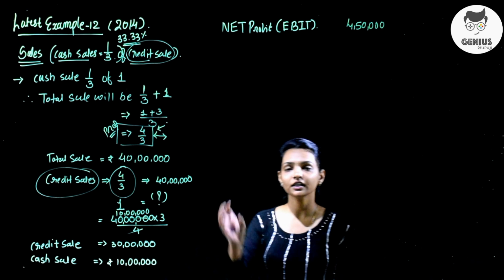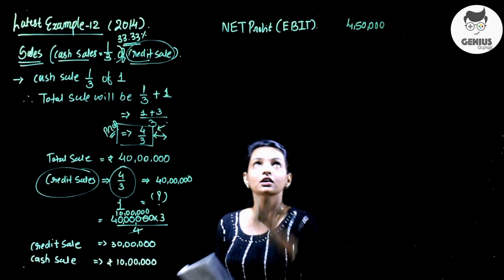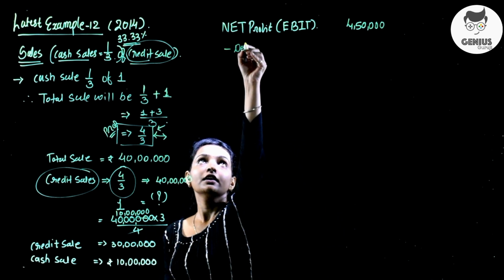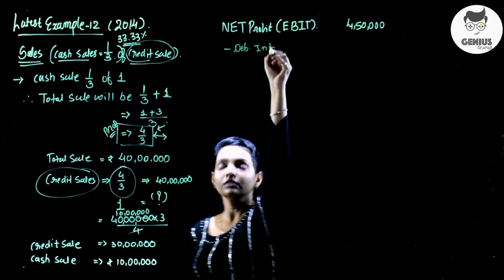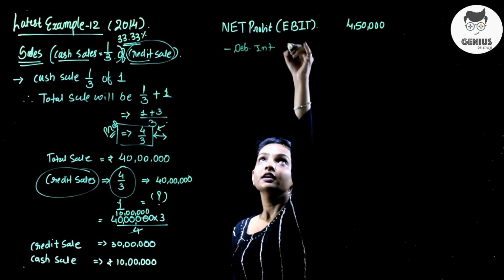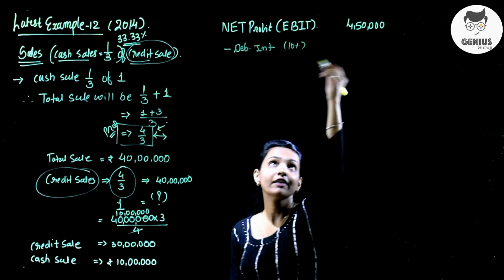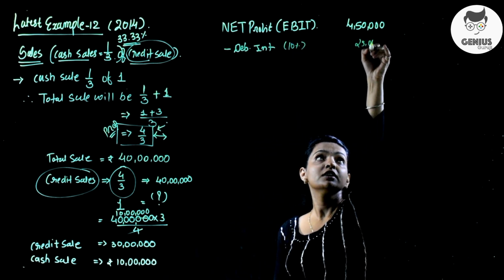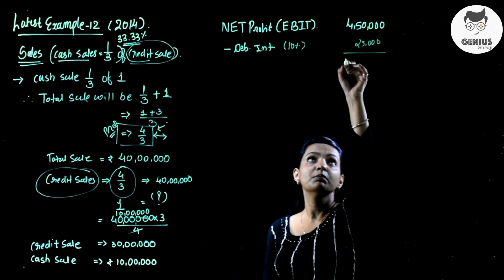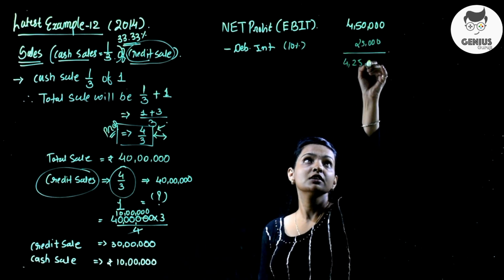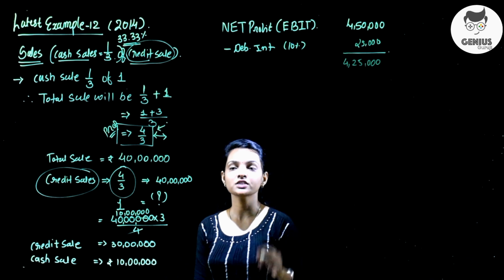I have to deduct interest on debenture, 10%. They have given all the information in the chart, but sequence is important, so don't forget which amount will be used in which ratio.